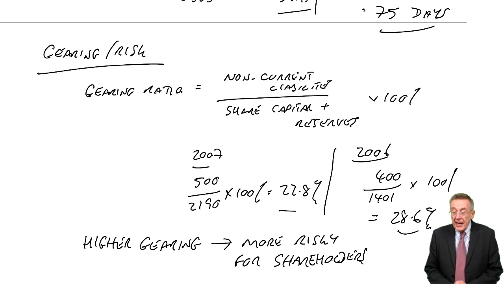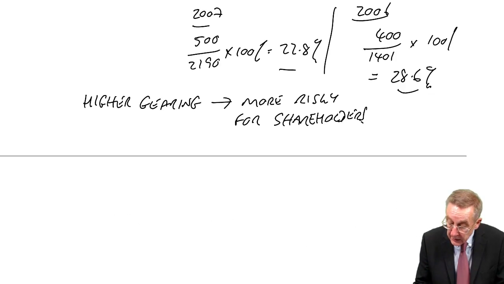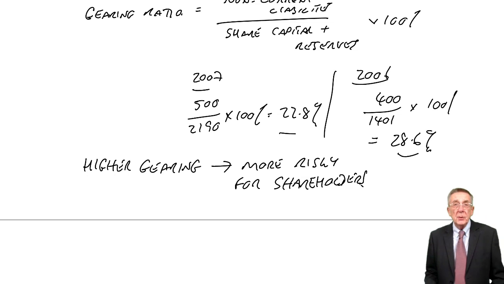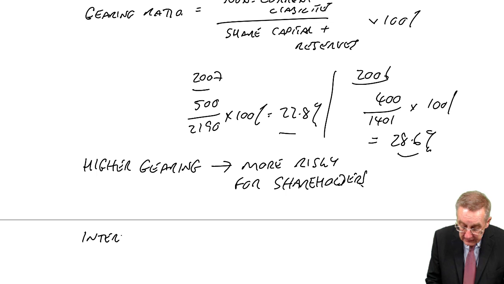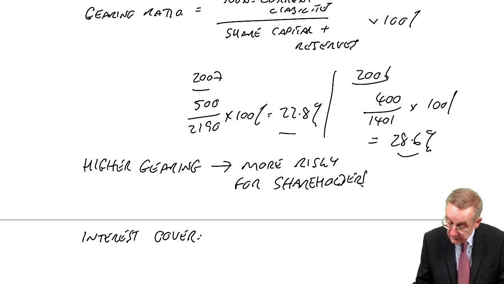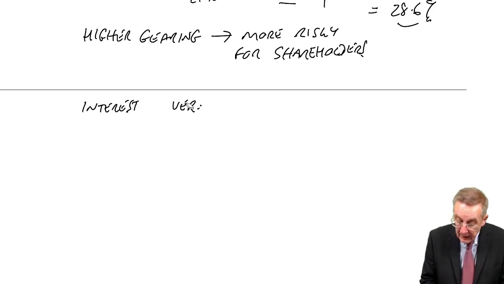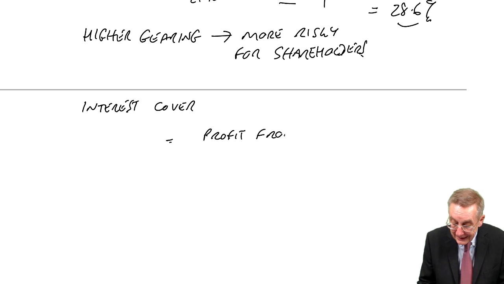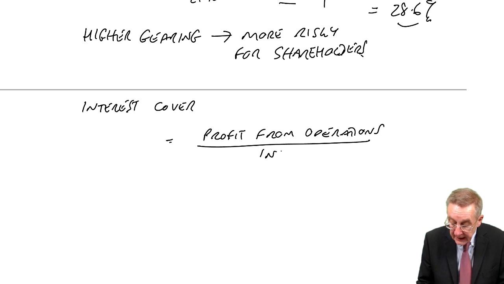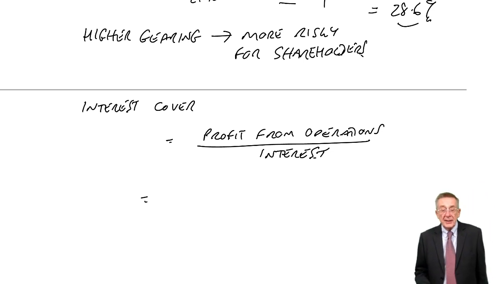And so that's really all we can say. And in fact, can you add to my note, I doubt it would be relevant, particularly at F2, but something else we could look at, a similar thing called the interest cover. An interest cover, it's the profit from operations divided by the interest. Sorry, going on a bit, but this won't take a moment.